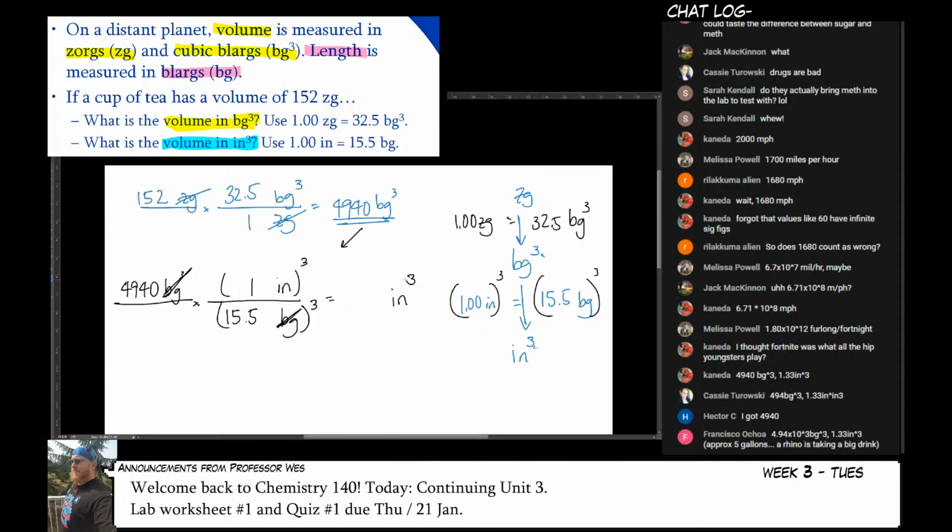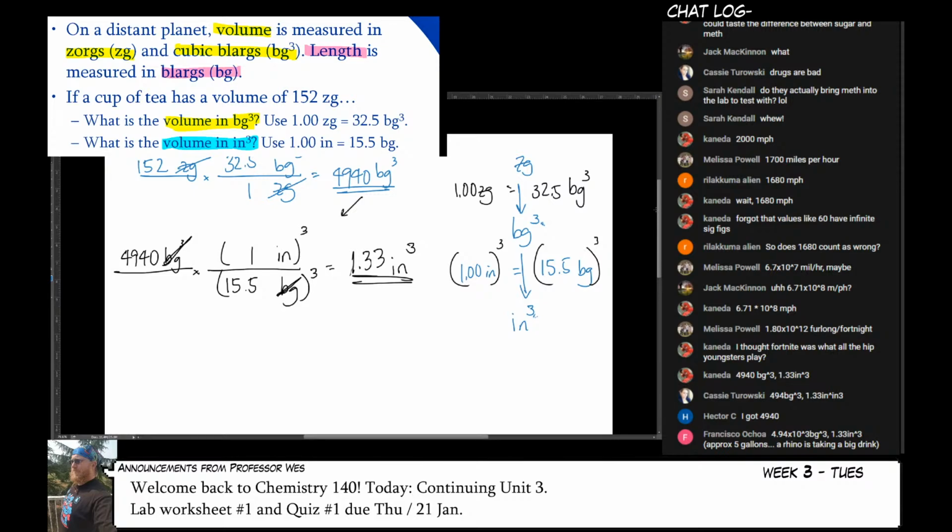Now I take 4940 times 1 cubed divided by 15.5 cubed. And I got 1.326.5, so 1.33 actually, inches cubed. And that's the answer that we would report.